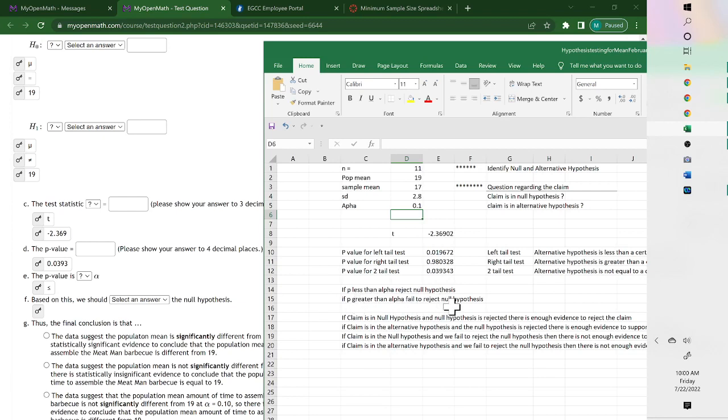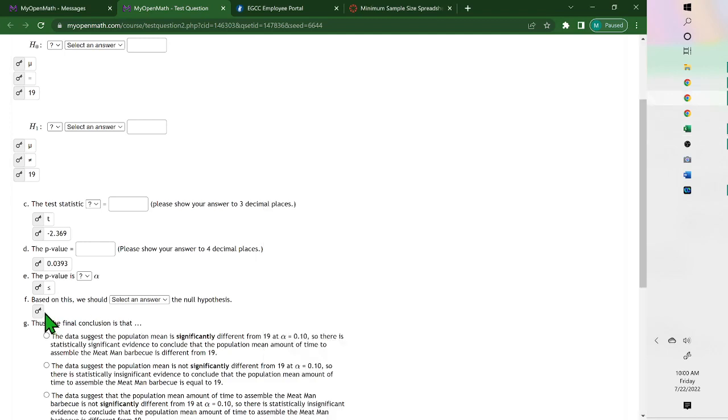Greater than, you fail to reject. 0.03 is less than 0.1. So that's why they have the less than. Because the p-value, 0.039, is less than 0.1. And if the p-value is less than, you reject. And so this one should say reject.